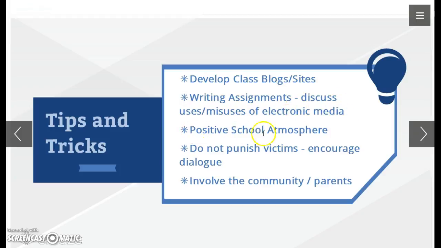Having a positive school atmosphere and environment is fantastic in that it allows students and parents to feel free to share concerns and questions and not feel that they're going to be blamed or somehow reprimanded for trying to bring something to the attention of the teacher or administrators or their parents. For that reason, you shouldn't punish victims either. If a breach occurs or something happens while they're using the system, it's better that it's taken care of and that the teacher, administrators, and parents know about it rather than them try to hide it or ignore the behavior.